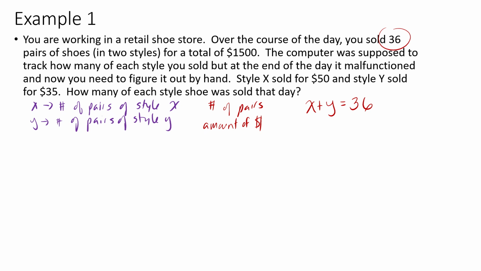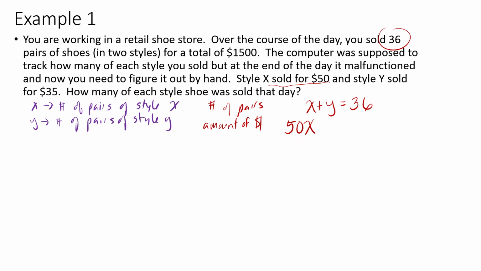Now, the other piece of information has to do with the money. Now, we are told that style X sold for $50. So if I take the number of pairs of style X and I multiply that by 50, that gives me the amount of money that we took in for style X. So $50 times however many pairs of shoes we sold.